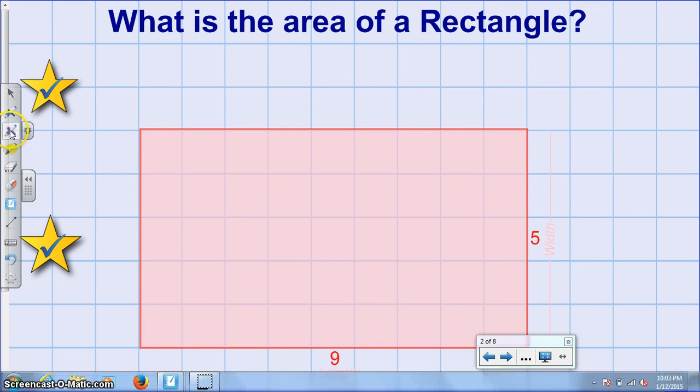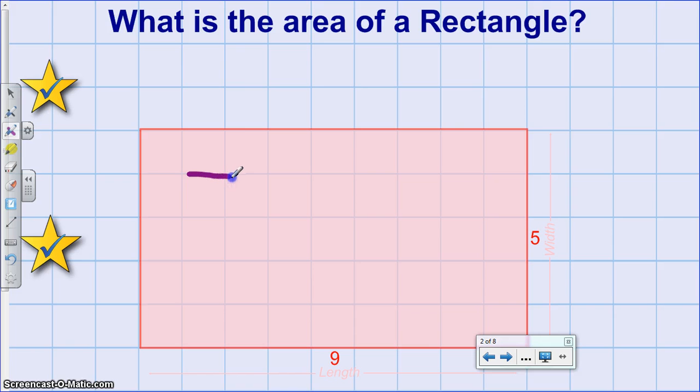And if you look here, you can actually see the square units on this picture. See these squares in here? Those are the square units we're talking about. If this were square inches, then every side of each square inside of it would be an inch. It would be 1 inch, 1 inch, 1 inch, and so on. That's what we mean by square units.